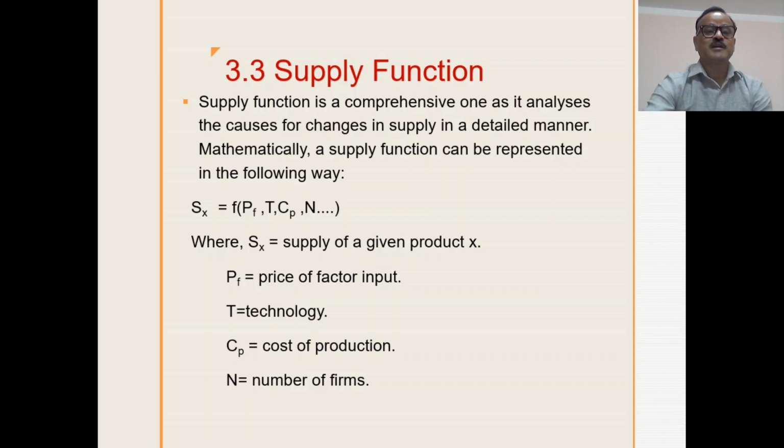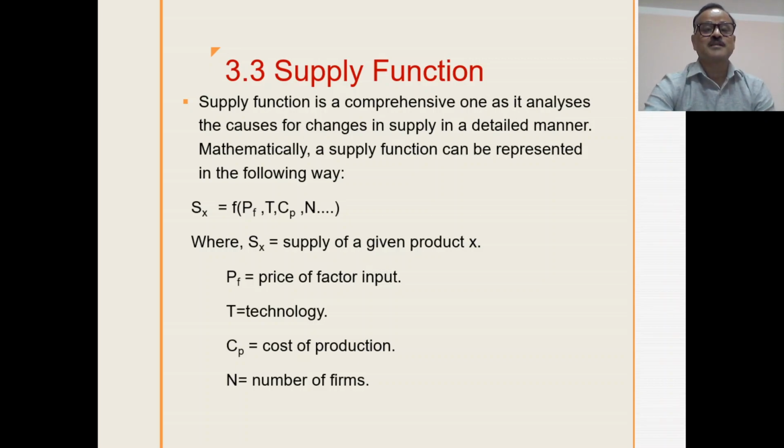Supply of good X is a function of P, T, Cp, N, where Sx is the supply of a given product X, P is the price of factor inputs, T is technology, Cp is cost of production, and N is the number of firms. So the number of firms determines the supply, cost of production determines the supply, technology determines the supply, and the price of factor inputs determines the supply.